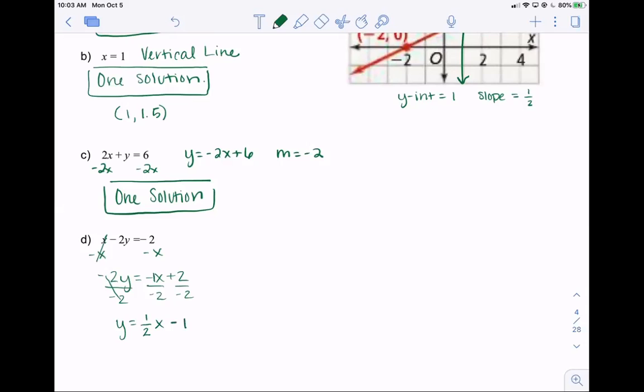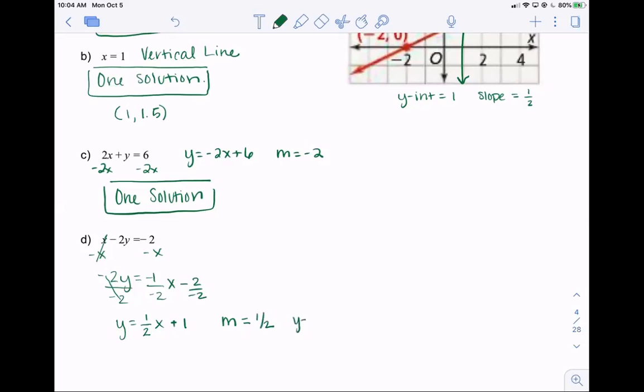Okay. What's our slope? Oh, it is. Yep, sorry about that. So yes, it should be a positive 1. Okay, so what's our slope? 1/2.